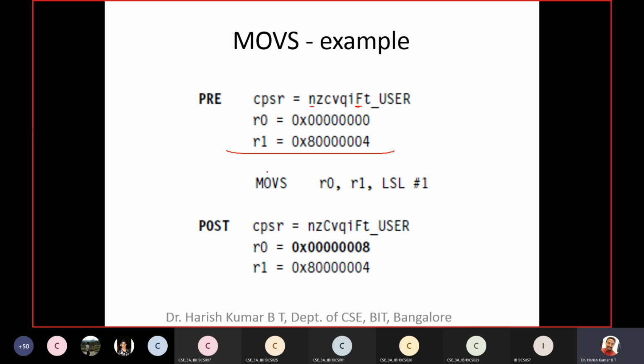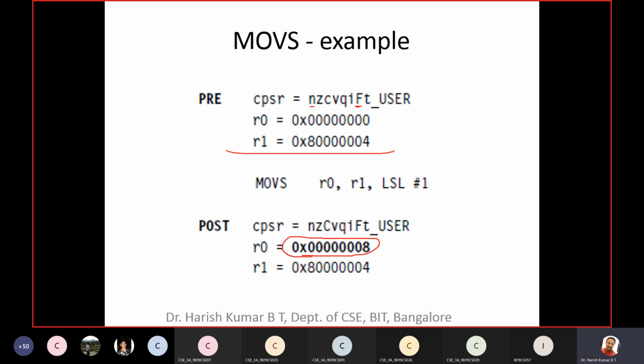Now the move is getting executed. R0 is my destination register, R1 is the source, and what I'm doing is a logical shift left by 1 bit. If I do the logical left shift on this, the value I should get in R0 is this.